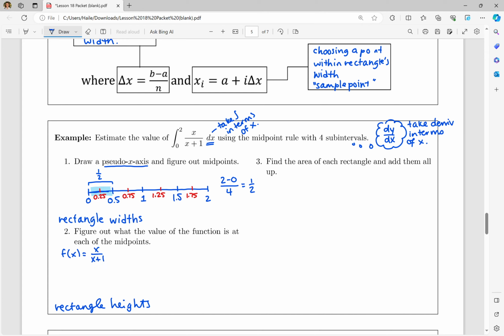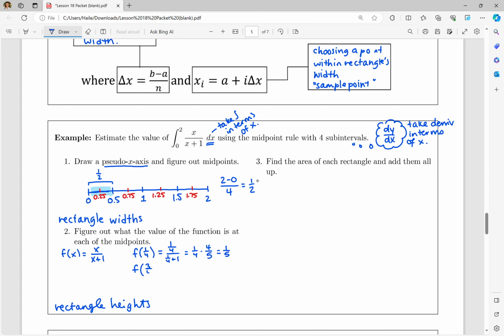I want to find the value of f at each of those red points. First, f of 1/4 is equal to 1/4 over 1/4 plus 1. Since 1 is 4/4, that's 1/4 times 4/5 if we flip the fraction. So that's going to be 1/5.